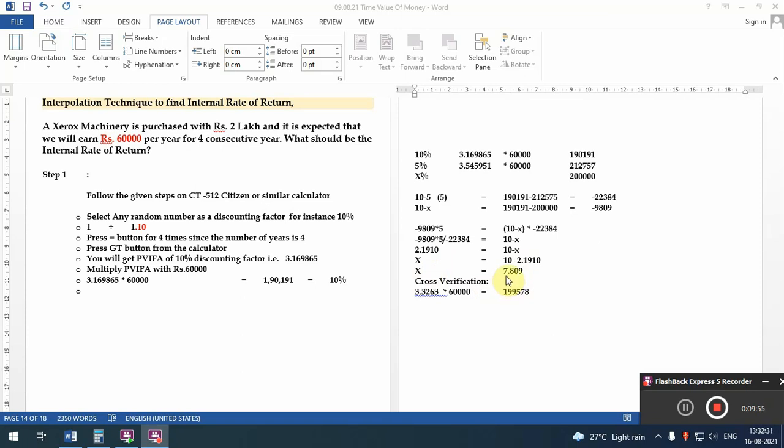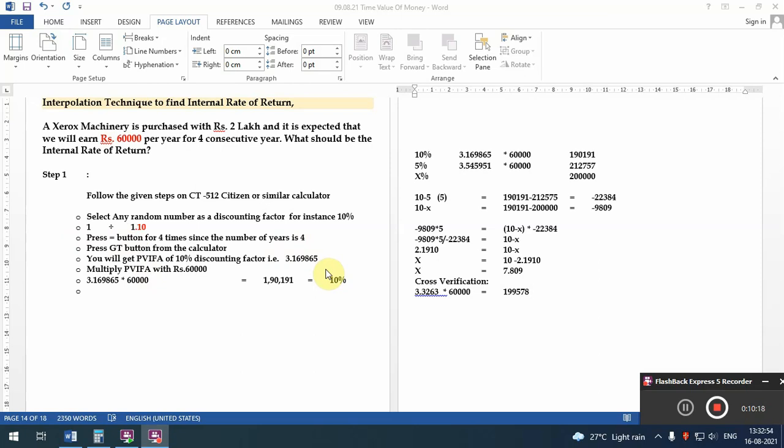If I am assuming this discounting factor, then my next step will be to do a re-verification. So I would once again go to this step, 1 divided by 1.07809. I will follow the steps once again and try to find out a PVIFA.